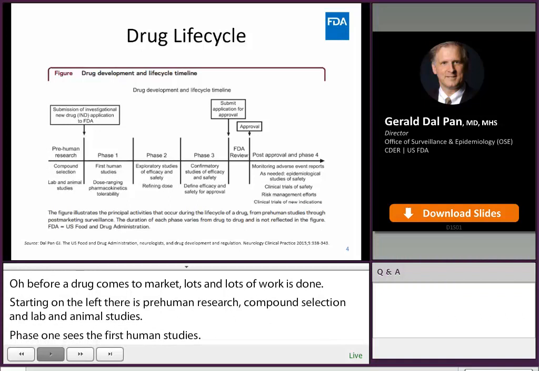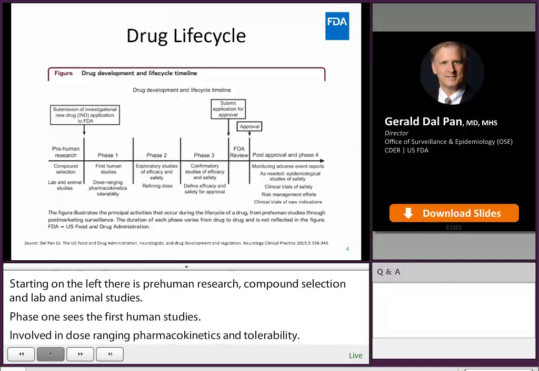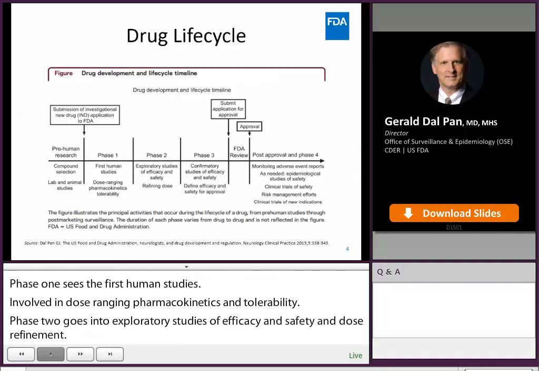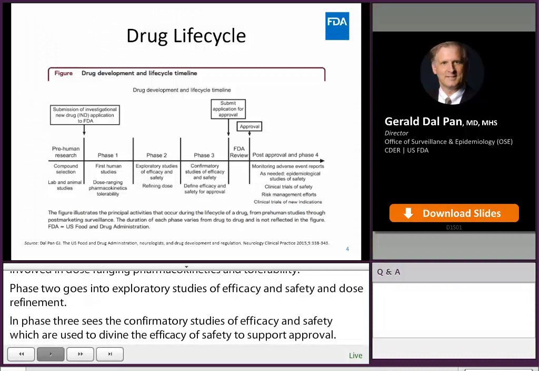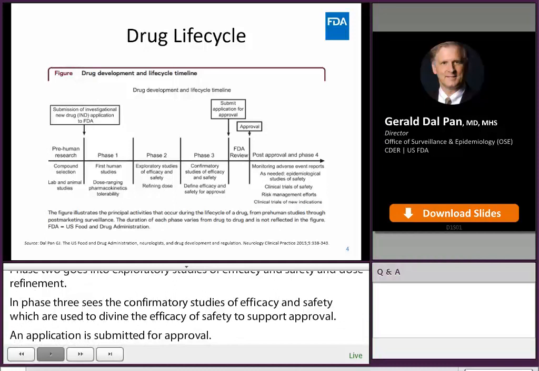Phase 2 goes into exploratory studies of efficacy and safety and dose refinement. And Phase 3 sees the confirmatory studies of efficacy and safety, which are used to define the efficacy and safety to support approval. An application is submitted for approval, FDA reviews that application, and if everything is in order, the drug is approved. What follows is a long post-approval period and Phase 4 studies in some cases.